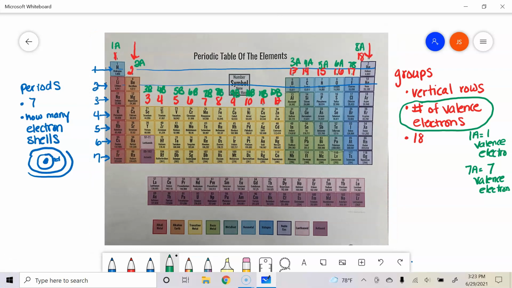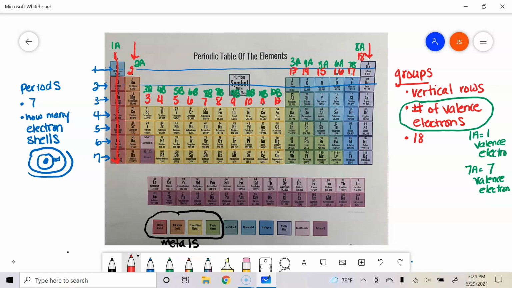Okay, so periods go across, groups go down. So again, if we just draw this down here, that is a group. Groups and periods. Now, we also are going to organize the periodic table into basically 3 different categories. We have metals, and that's going to be these categories here.